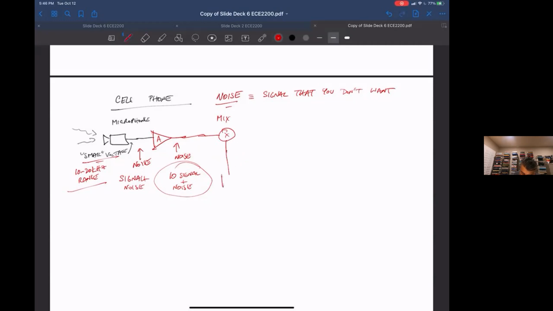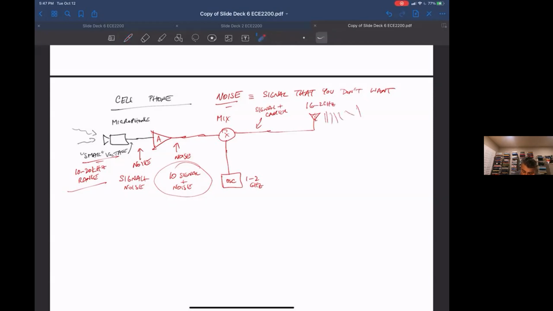So you need an oscillator to generate 1 to 2 gigahertz worth of signal, and you want to mix it with your amplified signal. And what you get then is the signal sitting on top of a carrier, and now you can put it into a reasonably sized antenna that would fit on your cell phone. Now you're sending out 1 to 2 gigahertz signals.